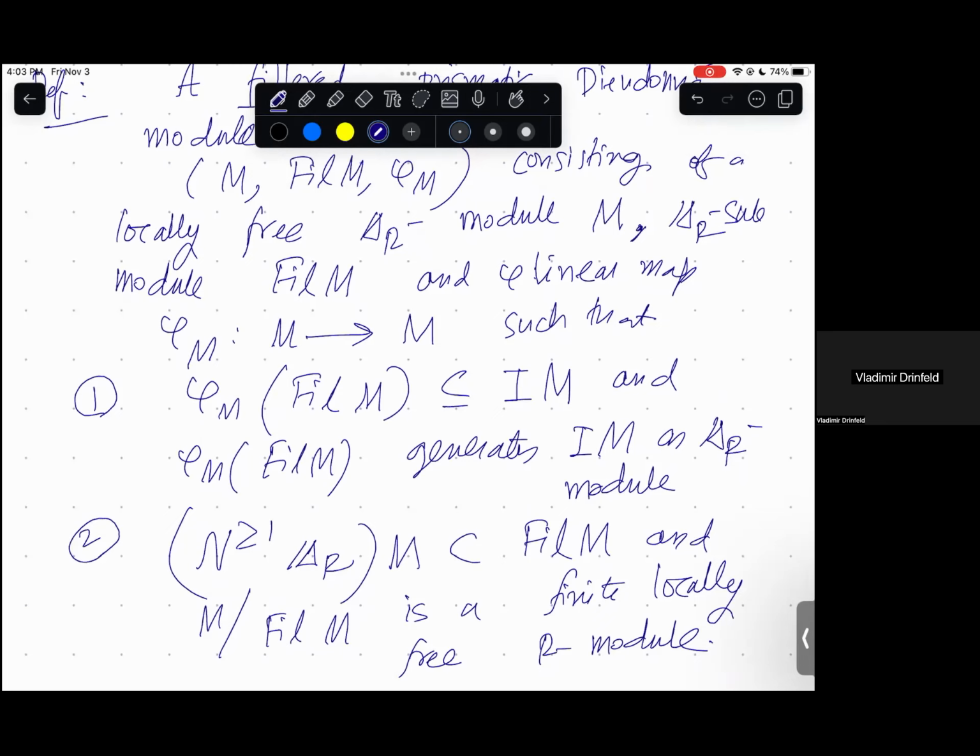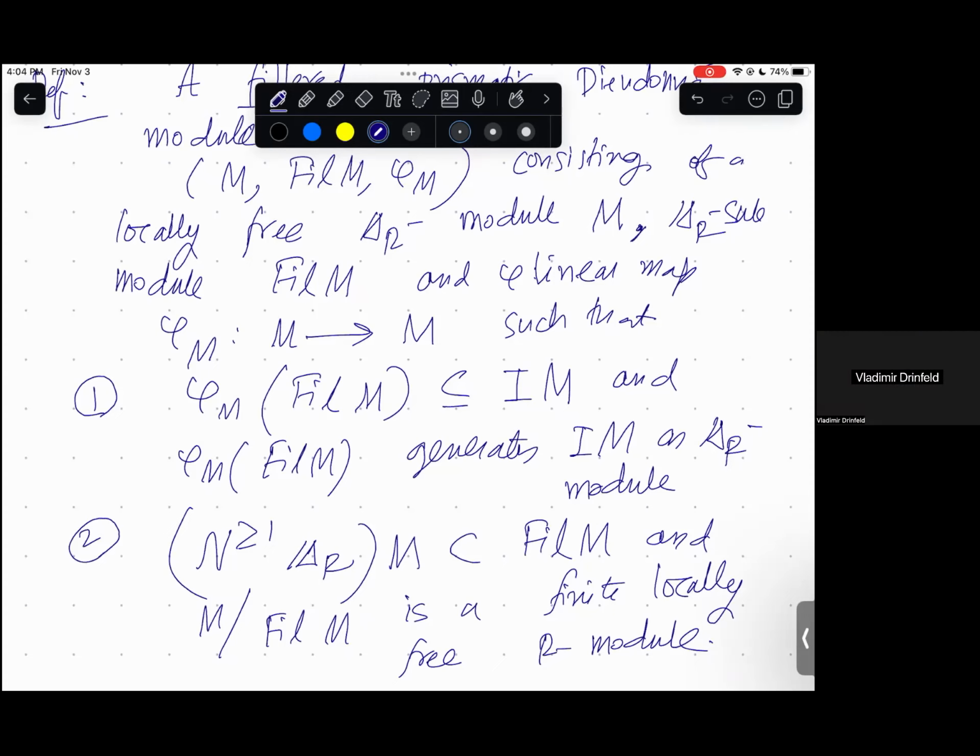So this V inverse is, however, not defined everywhere. It's defined only on a certain submodule. And this submodule where V inverse is defined is, I think, your Fil M. Yeah, exactly, right.